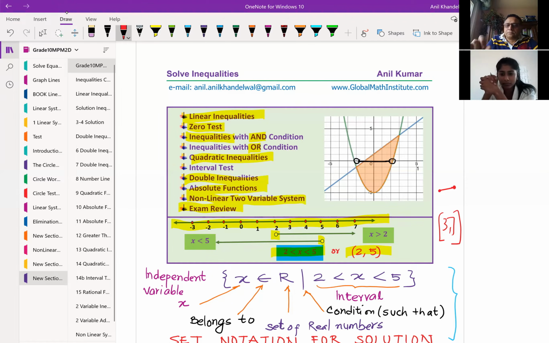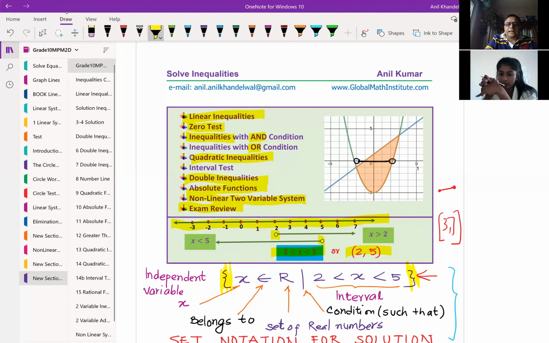Now, the most important and common way of doing it, especially for the test papers, is writing it in the set notation. The curly brackets which you're looking at indicate the set, the group of values which are the solution.